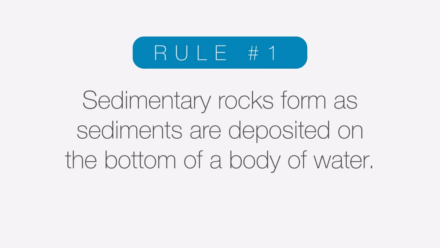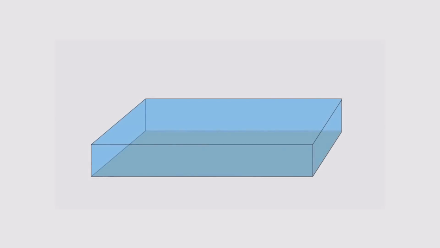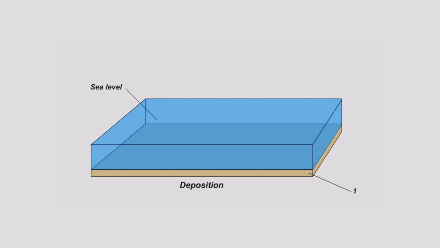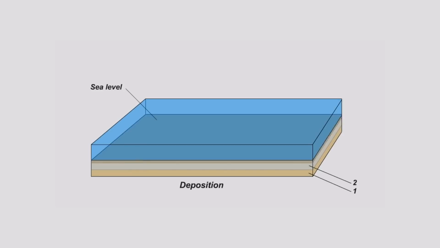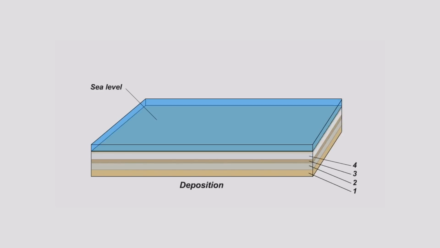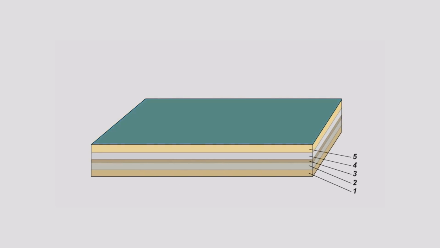And here's what this rule says. It says that sedimentary rocks tend to form, not always, but they tend to form when sediments are deposited in the bottom of a body of water, specifically the ocean. Let's take a look at a little animation here. What you'll see is a body of water, and you notice sand and silt and clay and pebbles, cobbles, and even boulders slowly are deposited on the bottom of the ocean.